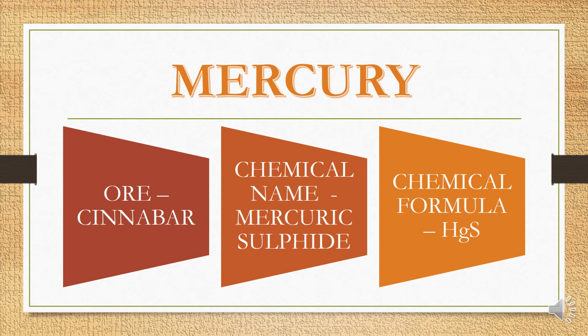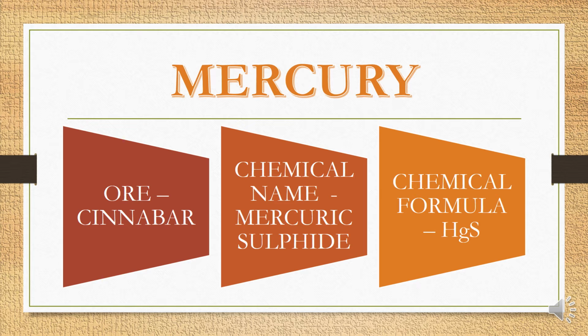Let's start with mercury. Mercury's symbol, you all know, is Hg. It is the metal which exists in liquid state. Just now I told you mercury ore is cinnabar, and this is the sulfide ore.